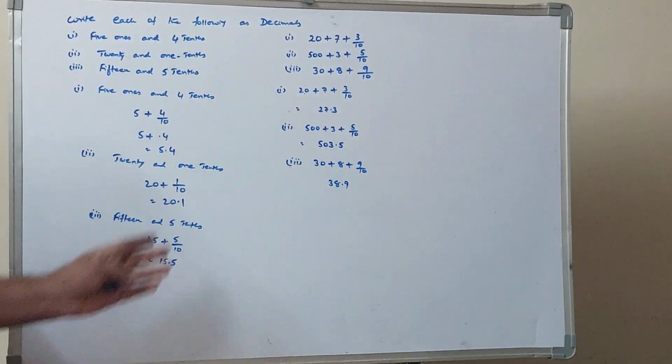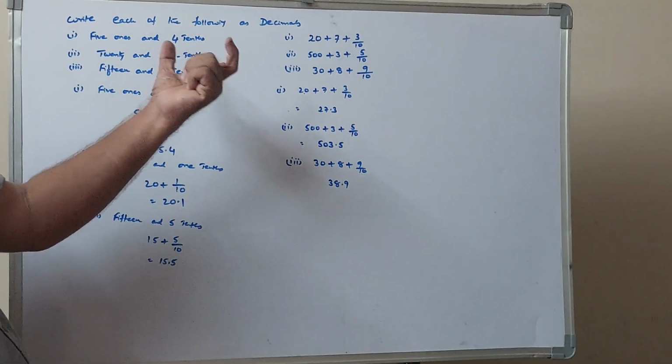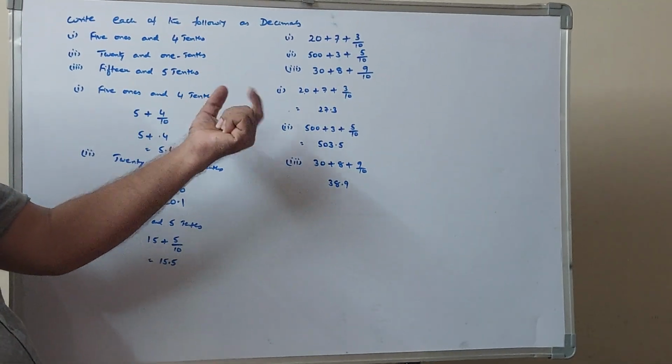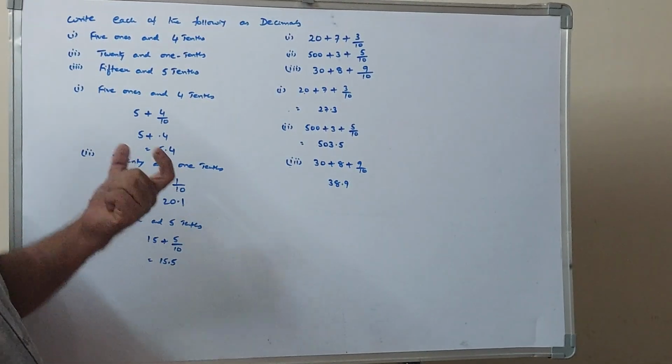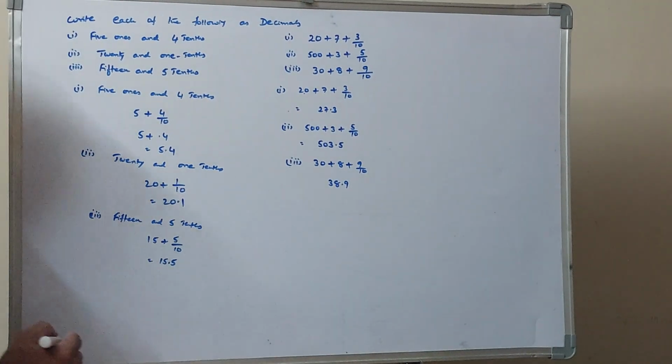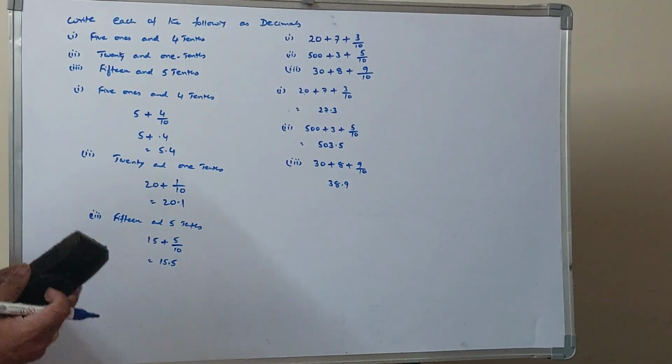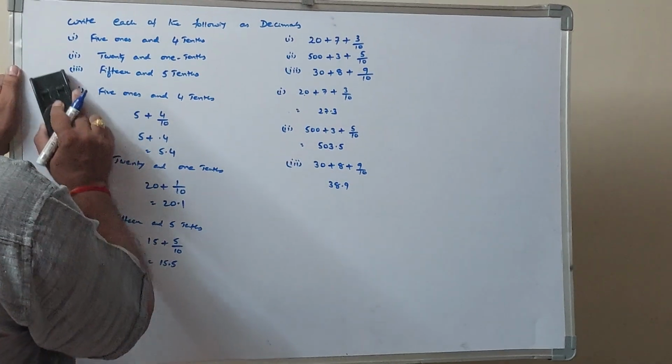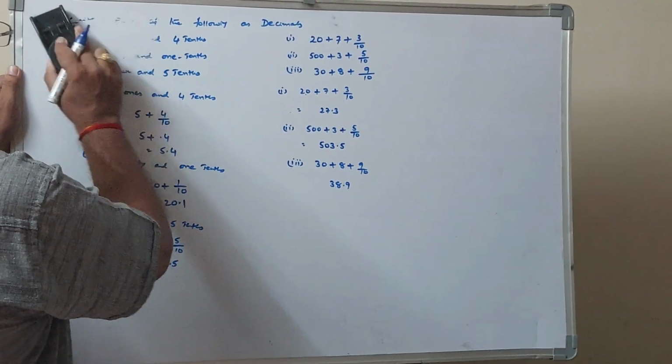So like this you will write the expanded form of decimals given, so you can convert it to decimals. Okay, this is the way of writing the solutions.